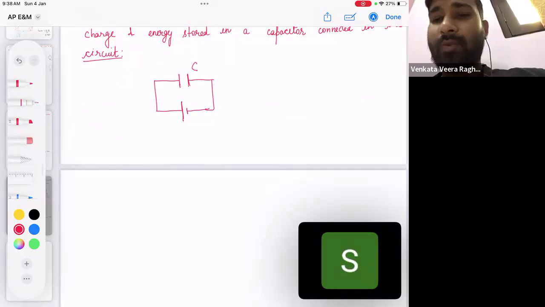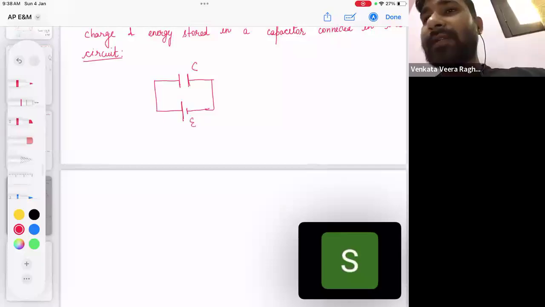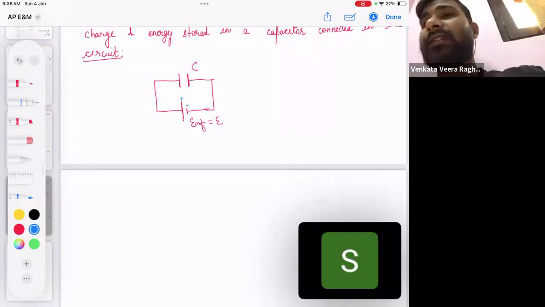Yeah, that is the battery. Battery has some EMF, right? EMF of the battery will be E. The bigger terminal is called the positive terminal of the battery, the smaller is called the negative terminal. In the next chapter, when we discuss electrical circuits, these symbols will come many times.